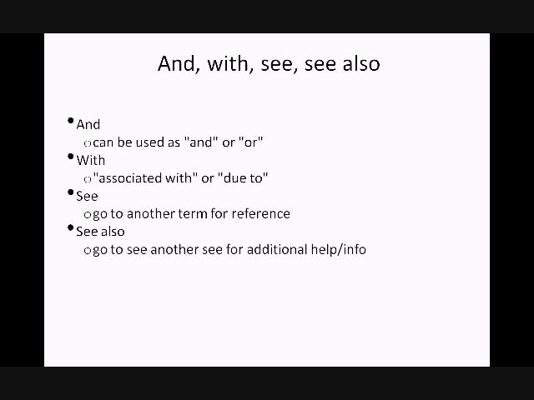Whenever you have a C in your notation, C simply means you need to go see another term for reference. For instance, in the book, you may have something that says C. Let's say I give you a code to find, and it says go find a fracture of the tibia. The first thing you do is go to the word tibia, because maybe that's what just comes to your head.